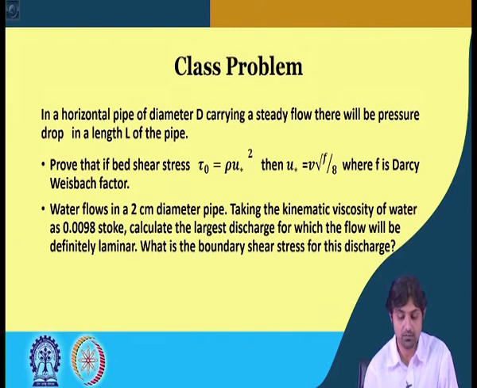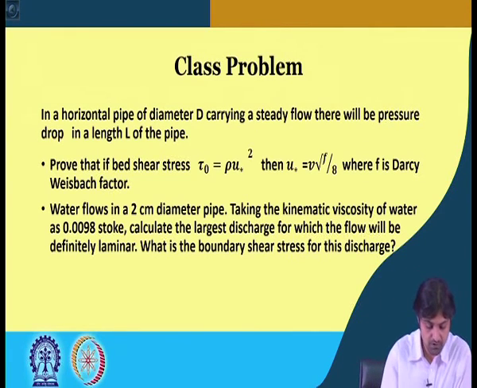Now taking the kinematic viscosity of water as 0.0098 Stoke, calculate the largest discharge for which the flow can be definitely laminar. So largest discharge will be at largest velocity, that means we will have to utilize some Reynolds number, and then in the end it says what is the boundary shear stress for this discharge. So we will go one by one for the solution.